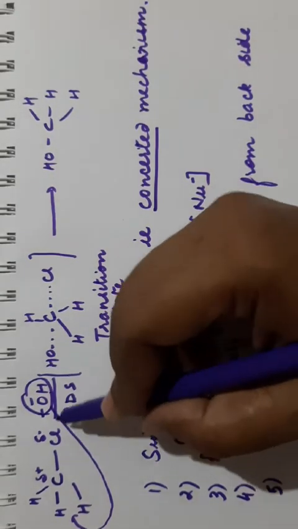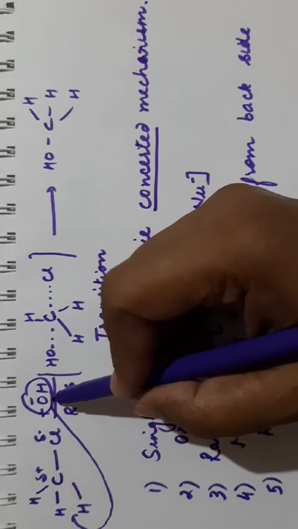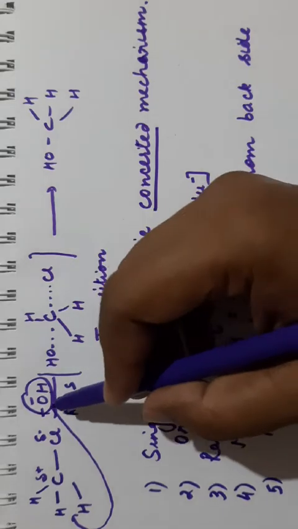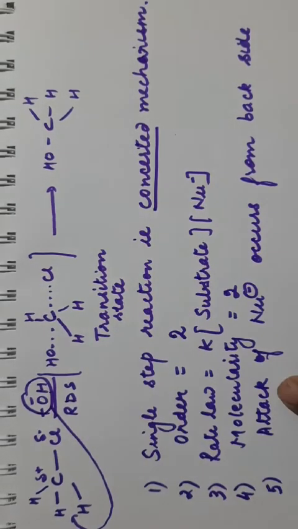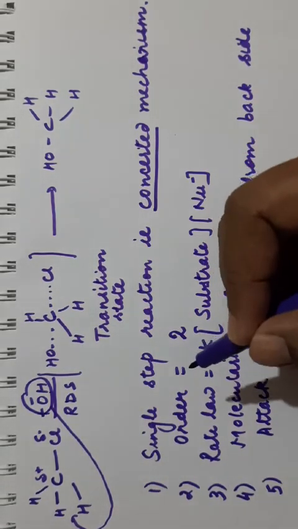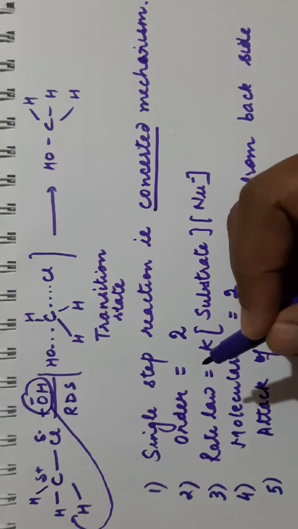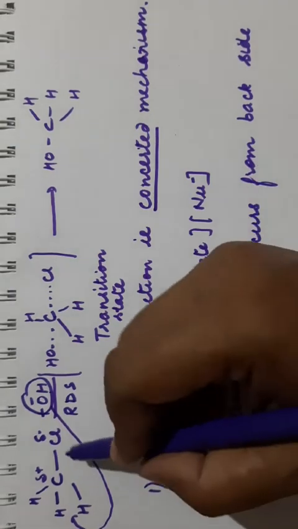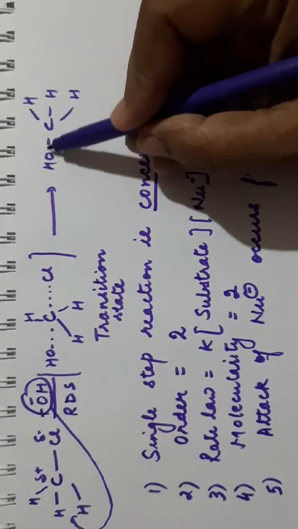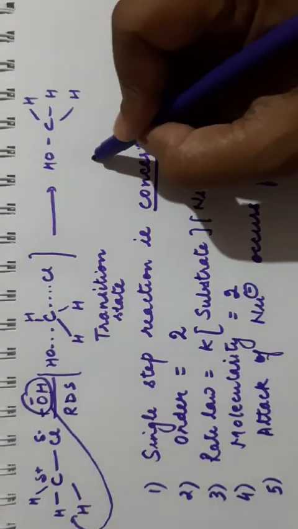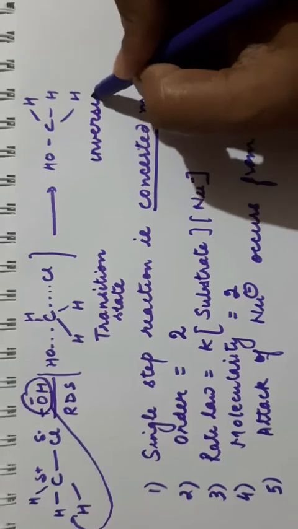Because both of them are negatively charged, their electron clouds will repel each other, so it prefers to undergo attack from the back side. And when the attack occurs from the back side, there is an inversion of configuration. See, here you can see Cl is present on this side, then the product is formed, OH is attached on the back side. So this is known as inversion of configuration.